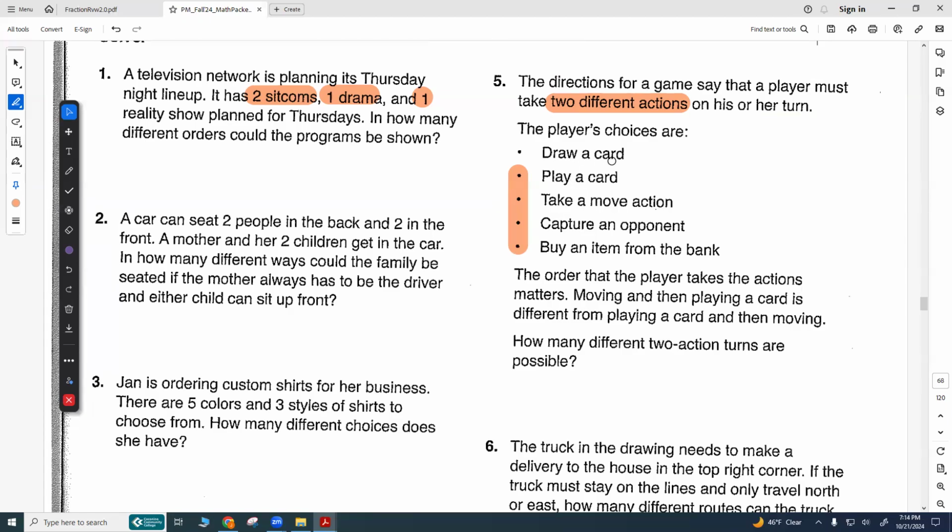Since there's 5 total actions, we would say 5 times 4 is 20. So there's 20 different 2-action turns possible. Basically I can make 20 different combinations of 2-action turns.